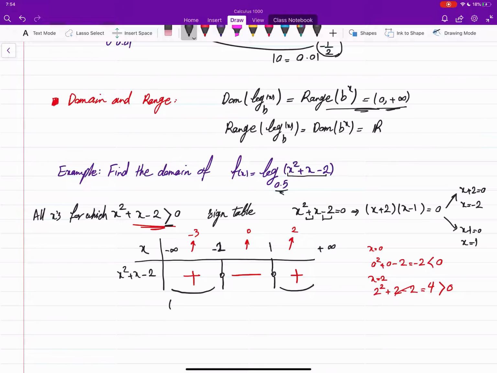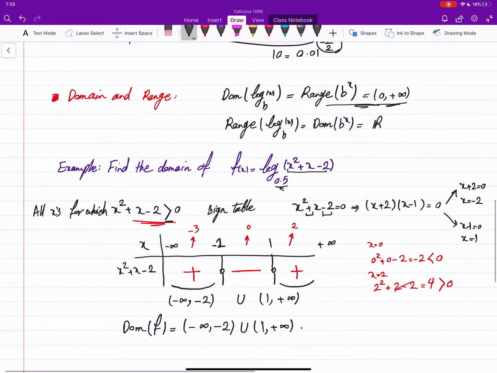So for x's here or here, the expression x squared plus x minus 2 is positive, and the log of those makes sense. So the domain of the function f is -infinity up to -2, union 1 to +infinity.